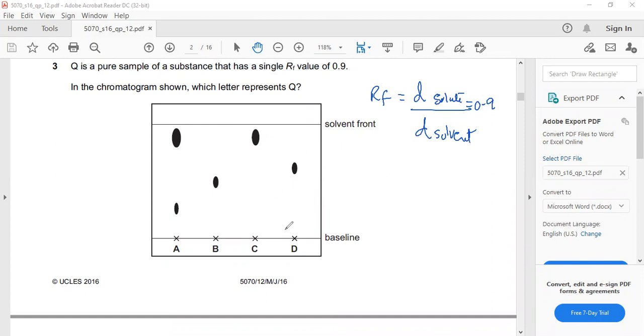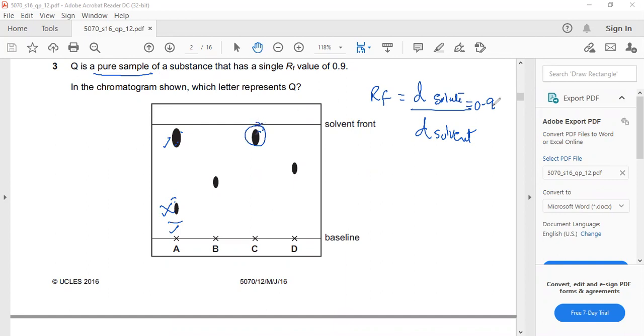So which one? Q is a pure sample. You see, it's a pure sample. It means it should have one spot. So these two are the closest, but A has two, one and two. So A is wrong. So C is the answer because it is very close to the solvent front.